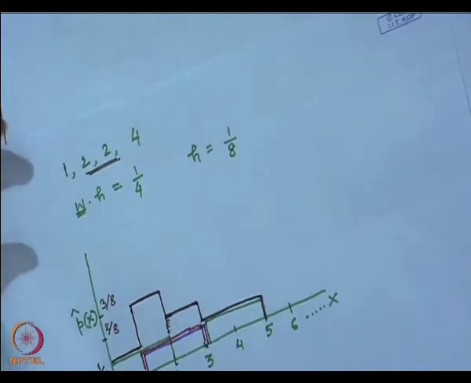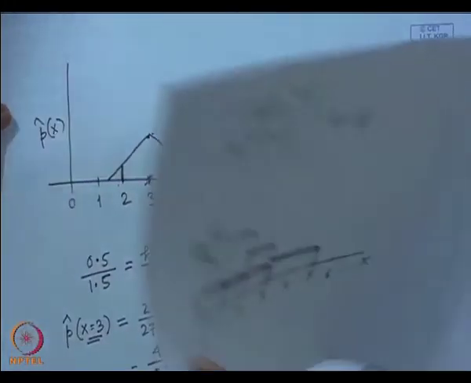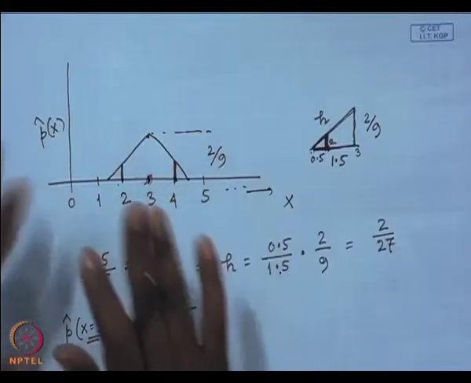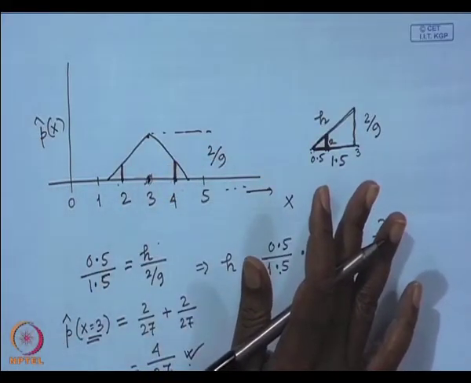So, whether I use a rectangular window or a triangular window like this, I can always estimate the probability density function at locations where samples are not originally present, and that is what is required for our application.